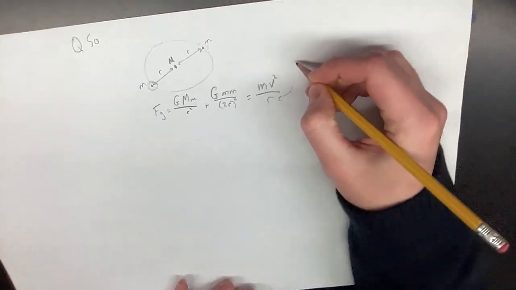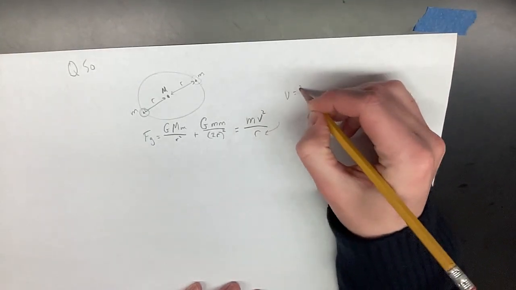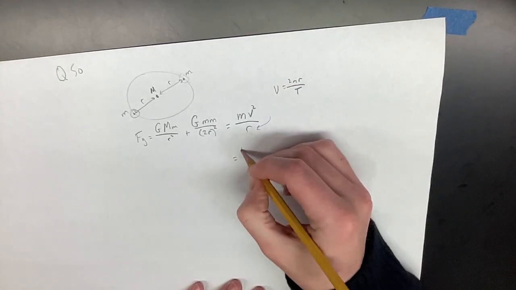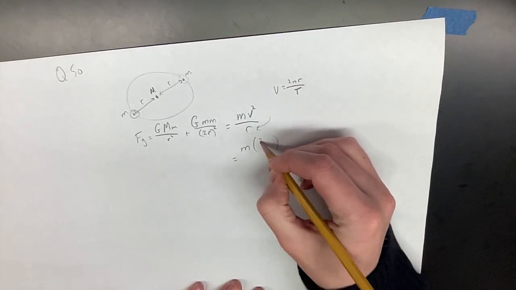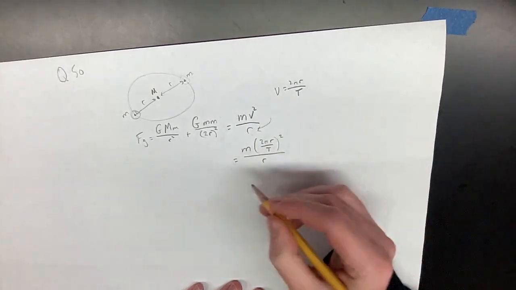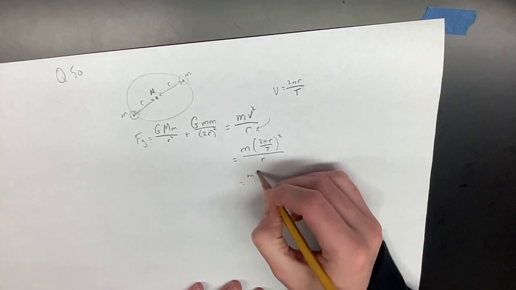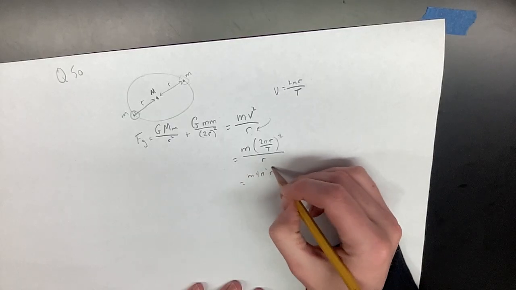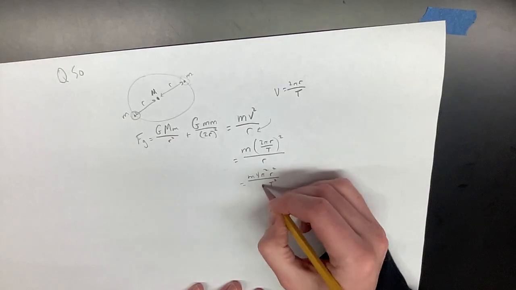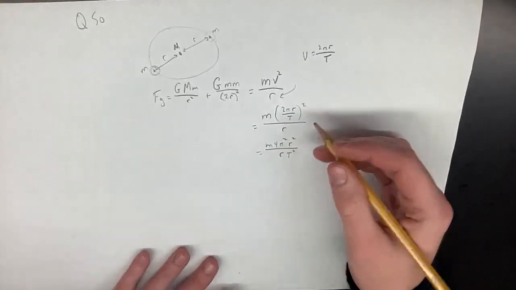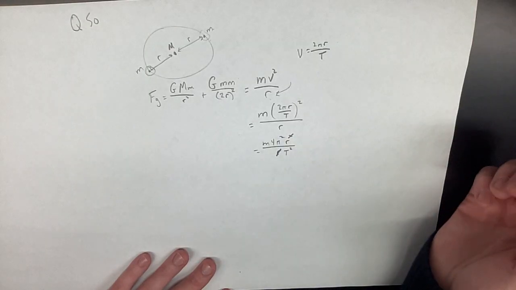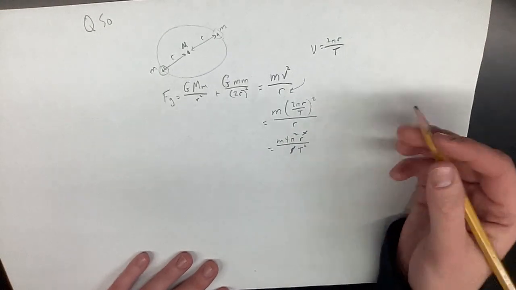Now I'm going to swap out v equals 2 pi r over T. So I've got my m, 2 pi r over T gets squared, all over r. M, 4 pi squared r squared over T squared, and then I still have that r. So one r cancels, and the denominator r goes away completely.